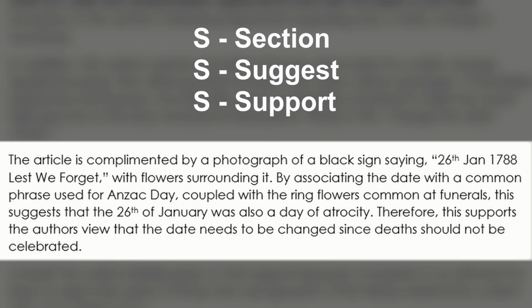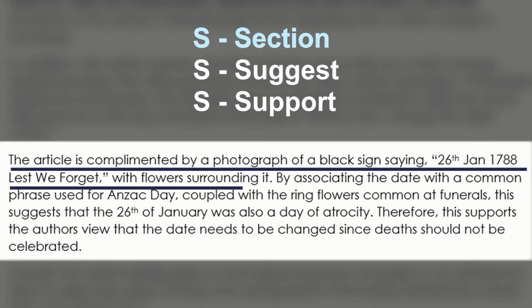So first we want to describe a section of the image because talking about every single detail in an image might take too many words. So for example, for this image here, we can say the article is complemented by a photograph of a black sign saying 26 Jan 1788, lest we forget, with flowers surrounding it.